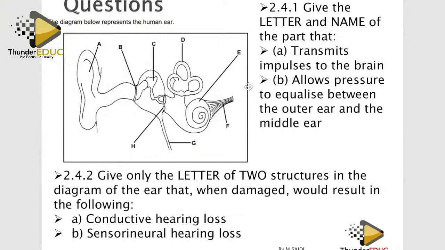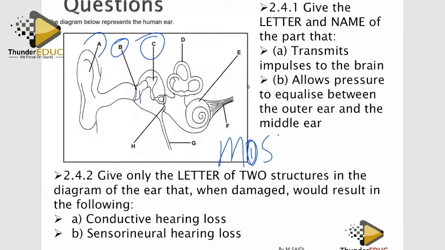Okay, what is A? Pinna. Pinna, ear, pinna. And then what is B? Tympanic membrane. What is C? Ossicles. What is the middle part?